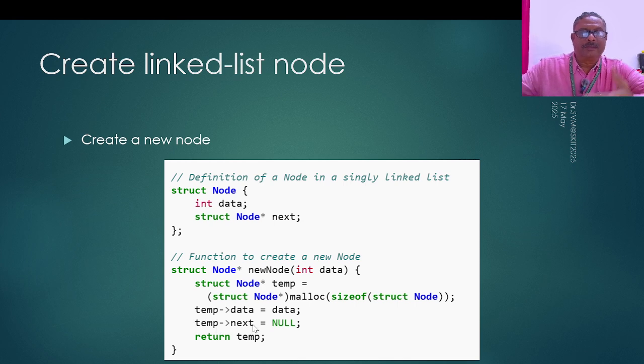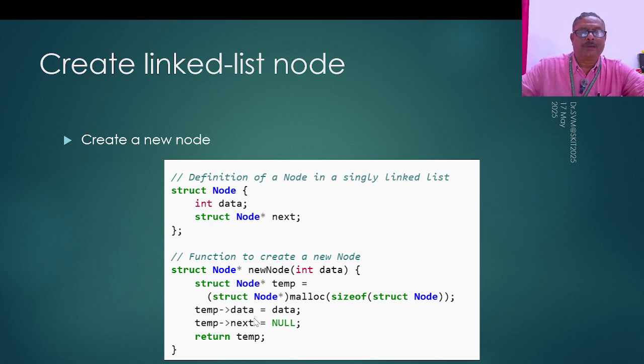Because this is the only node we are creating, we don't know what comes next. Therefore, currently we say that there is no next node. So by default, we say that the next node is null.